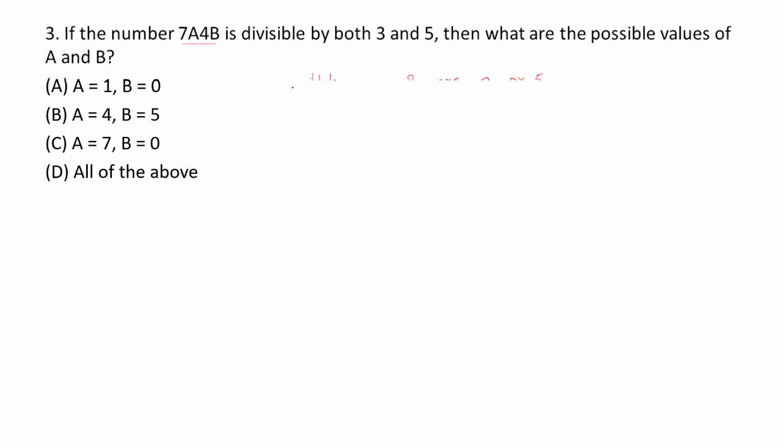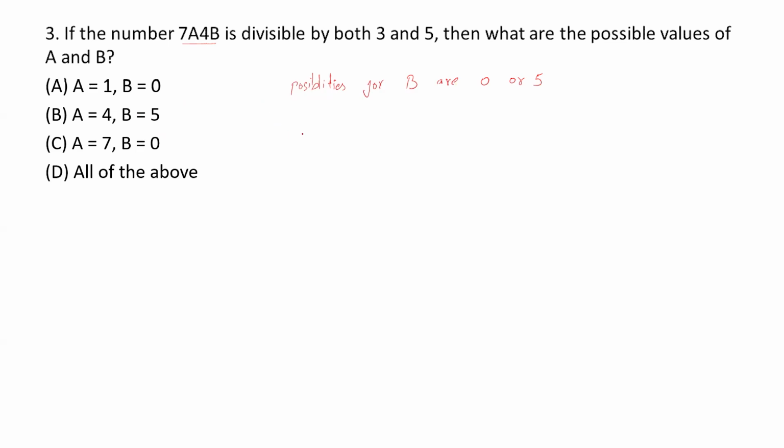So the possibilities for B are 0 or 5. Okay. In all the options, it is either 0 or 5. That's good. Now, what about A?